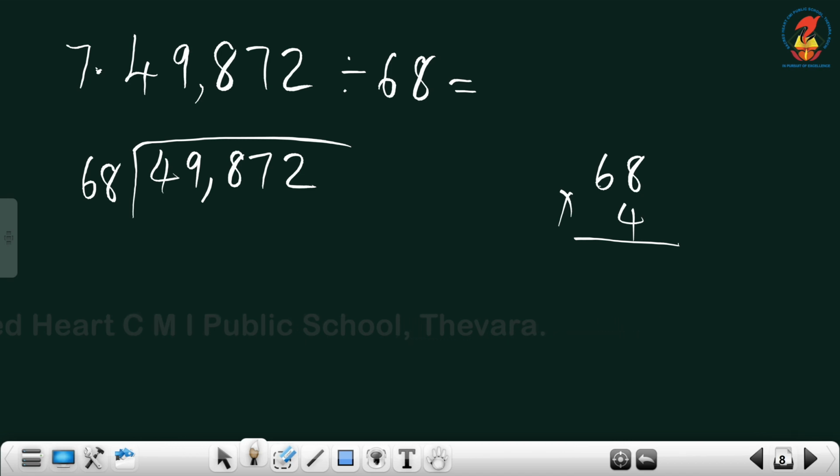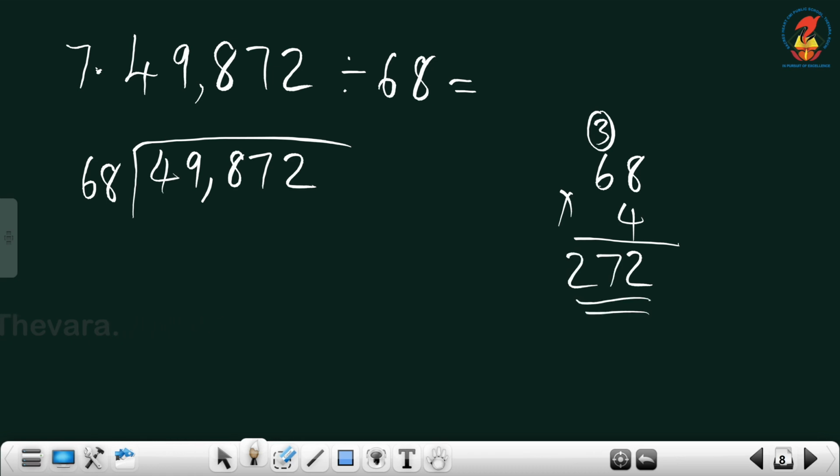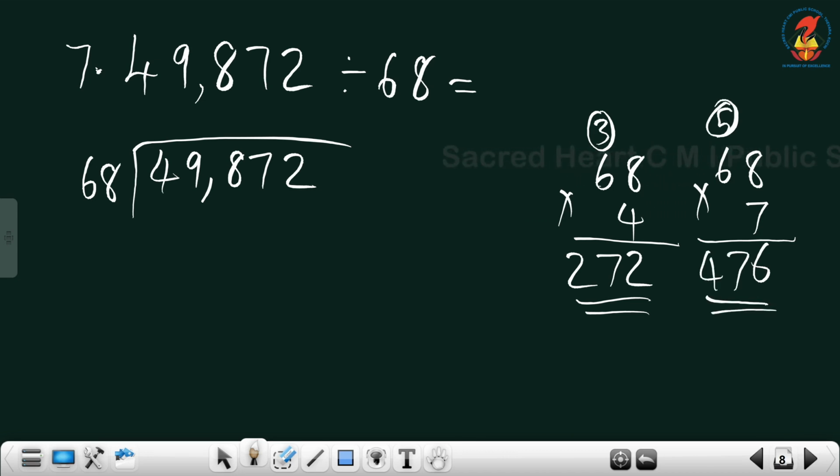68 into 4. Okay. 8 4s are 32. 3. 6 4s are 24. 24 plus 3 is what? 27. Answer is 272. But I need to get which number only? 498 only. So I need to multiply by 7. 8 7s are 56. 5. 6 7s are 42 plus 5. 47.